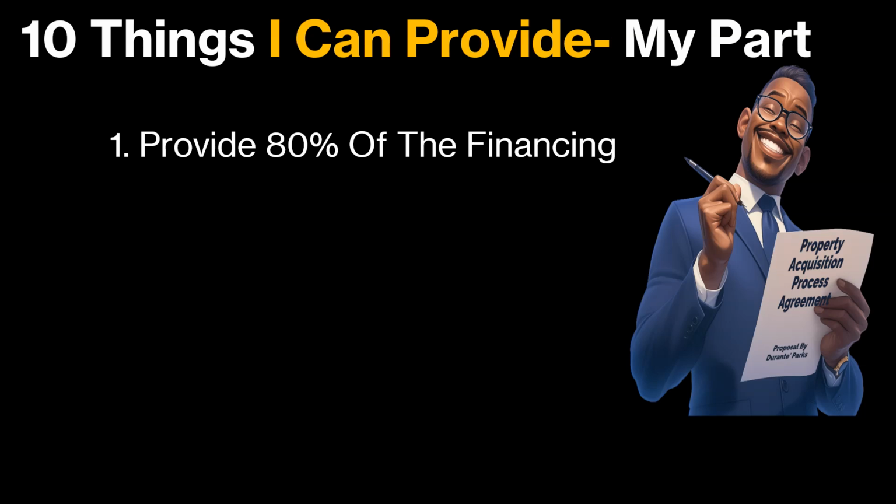I'm going to provide 80% of the financing. I can do that. I can get 80% of the money he wants. That means he has to have 20. He's going to know that. That'll be clear, but this is about the solution. Can I do this? This is very easy to do. In fact, you can do this, all right?